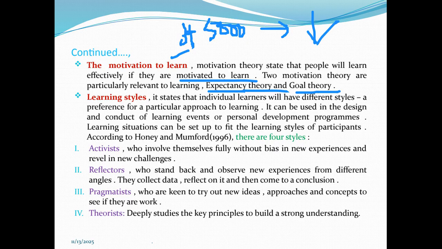Then goal theory is basically about how people set their goals. If their goals are less competitive, they put in little effort, but if they set unexpected levels of targets for themselves, then they are not realistic, so they don't achieve those goals.